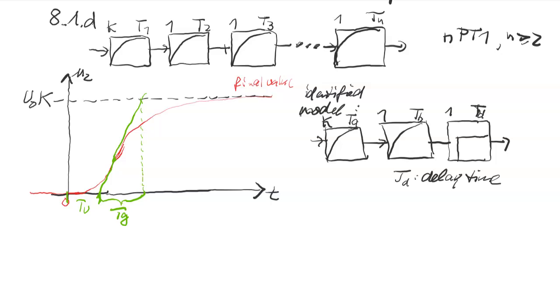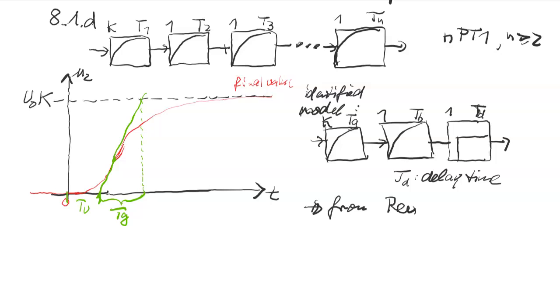Okay, how can we find now Ta, Tb and Td? This is a method from a German book, with an author called Reuter.